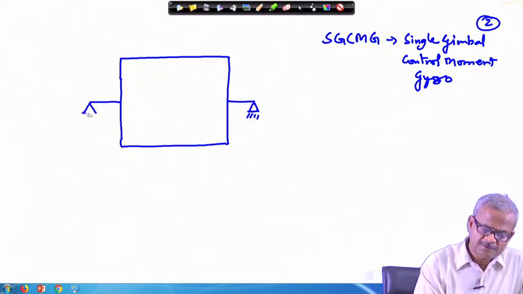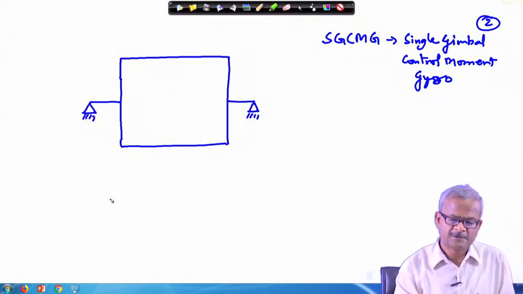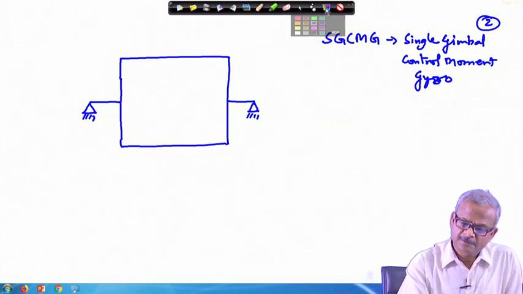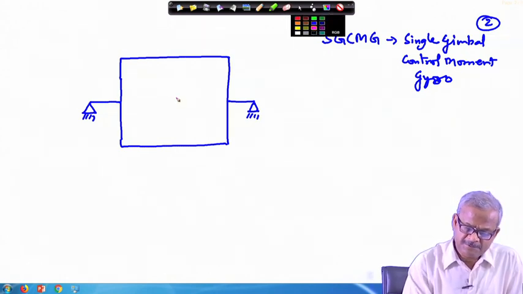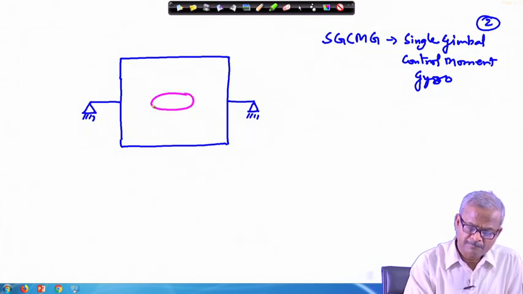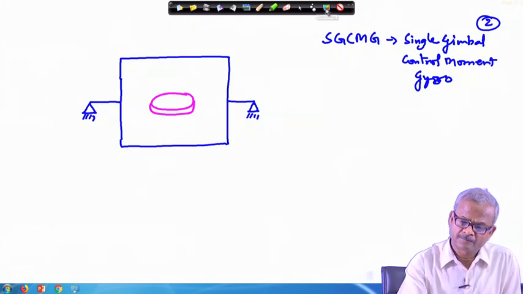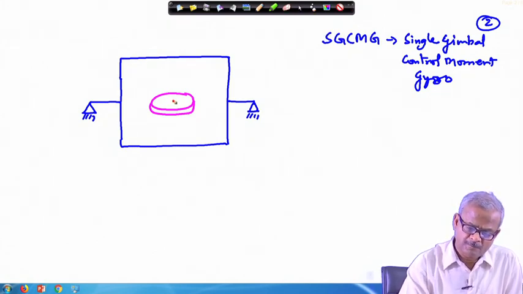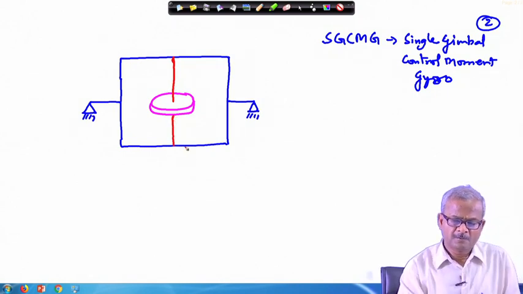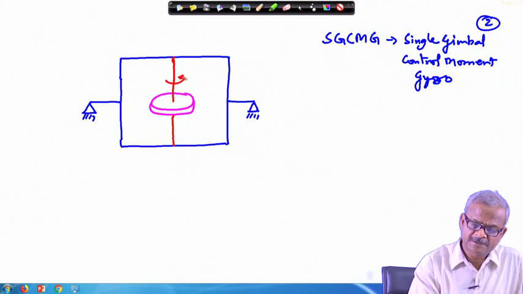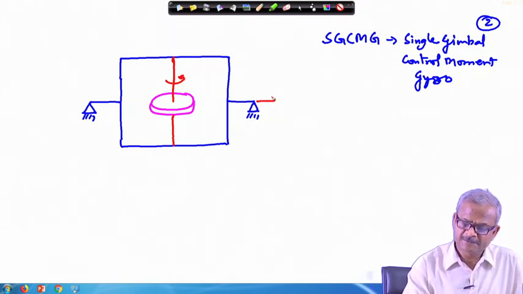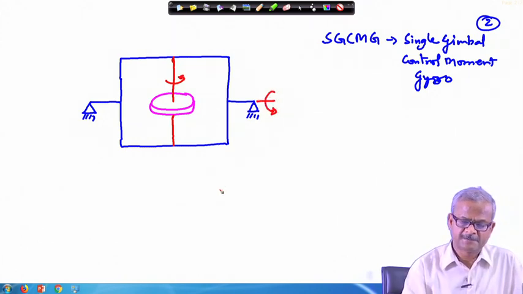So, for the single frame or single gimbal control moment gyro, what we have looked at, this is rotating on a certain axis, and there is a wheel, and this wheel rotates about this axis. Here let us say this is rotating about this axis.